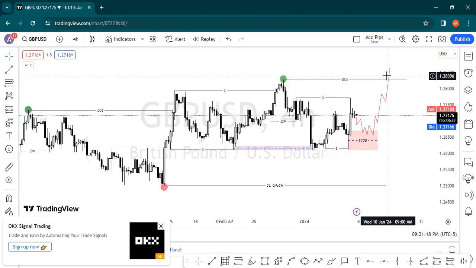This is why I'm saying we are going to be looking for buying opportunities on GU on H4 and 15 minutes, because when we go down, you realize that 15 minutes also aligns with that of H4. Now, anytime 15 minutes aligns with H4, it means you have to trade in the direction of H4 at that moment. Okay. All right.